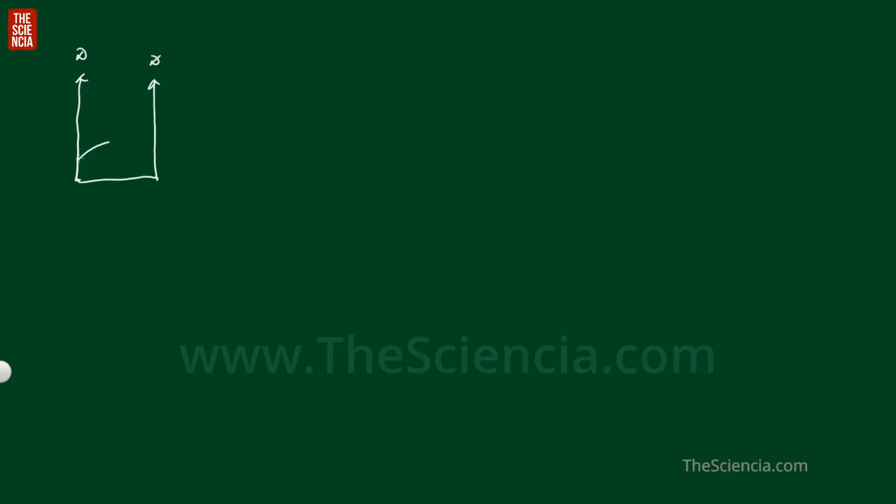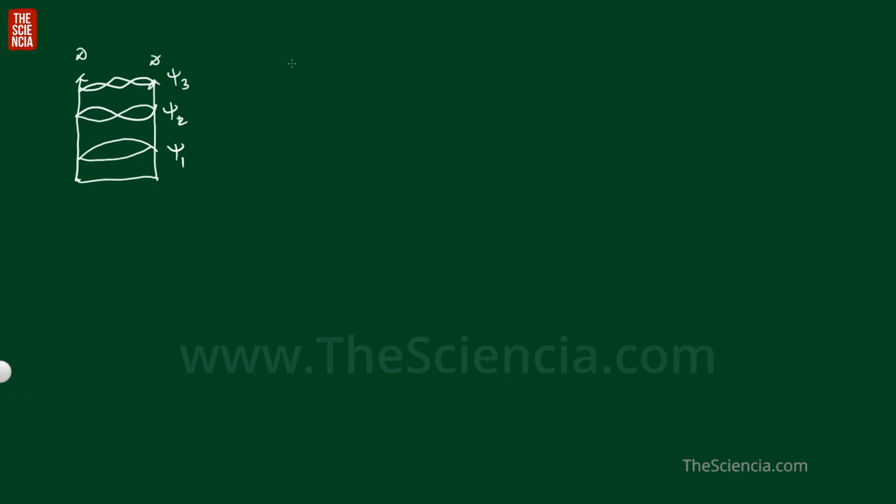The first stationary wave will look like this one, the second stationary wave will look like this one, and the third one will look like this one. So different types of stationary waves can be formed inside the box. To represent each of them, we need different wave functions, that is psi1, psi2, psi3, etc.